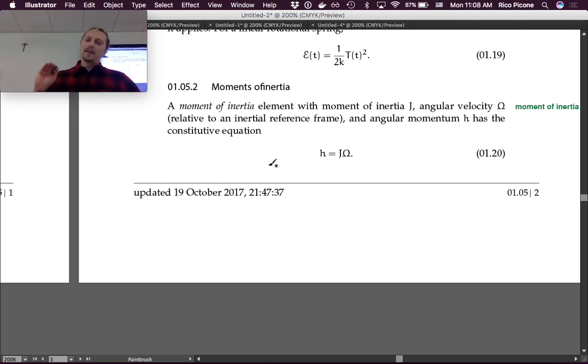We'll talk more about that. And angular momentum H has the constitutive equation that the angular momentum is equal to the moment of inertia times the angular velocity. Okay, probably a familiar equation.